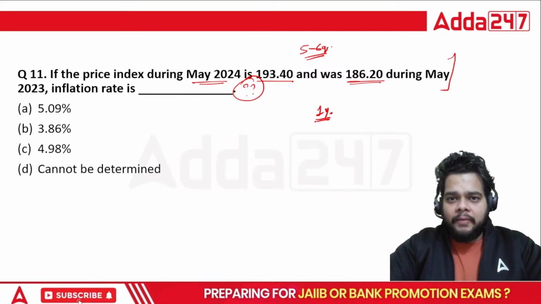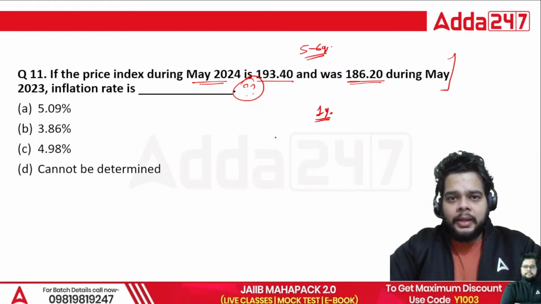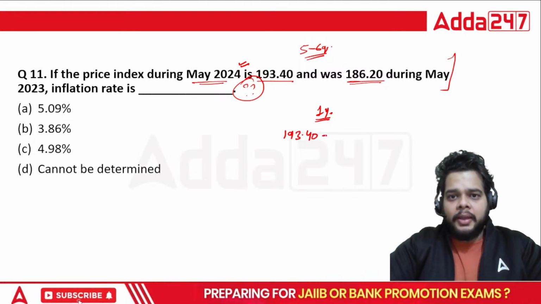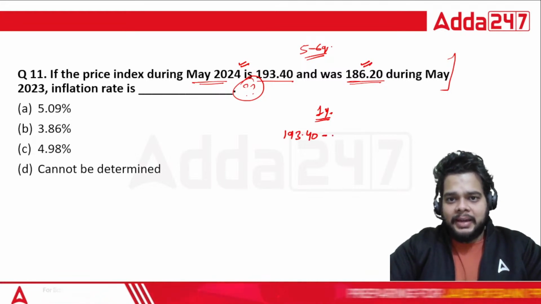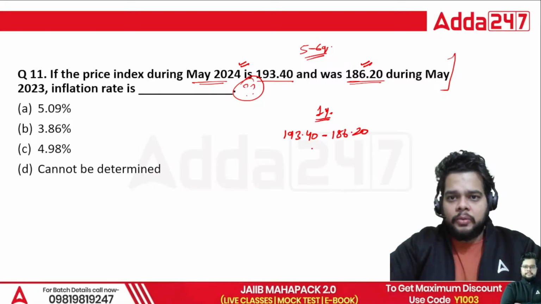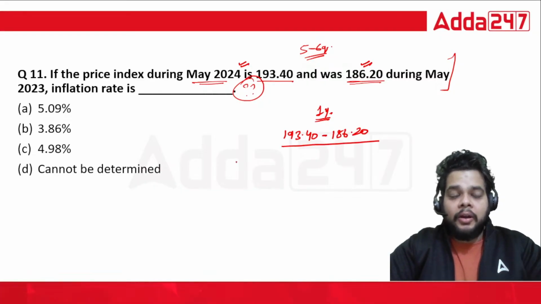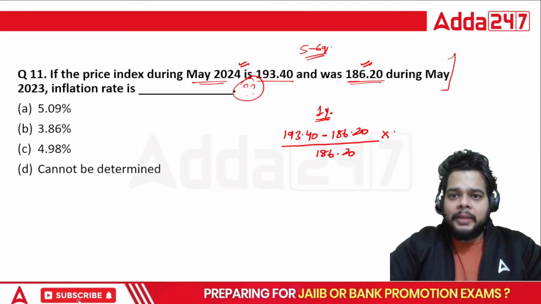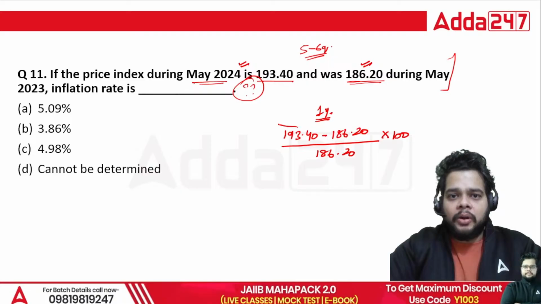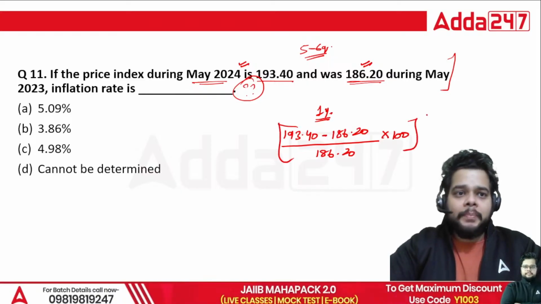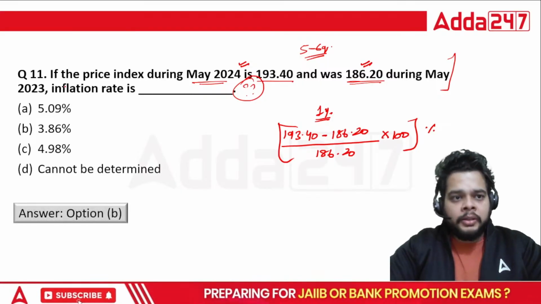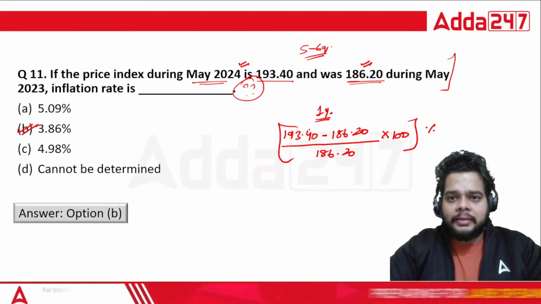When you talk about the formula, it will be the latest index, that is for May 2024, 193.40, minus the previous year's data, that is 186.20, divided by the previous year's data, again 186.20, multiplied by 100 in case you want the number in a percentage, the inflation rate. So it will come out to be 3.86. That will be the correct answer once you solve this.